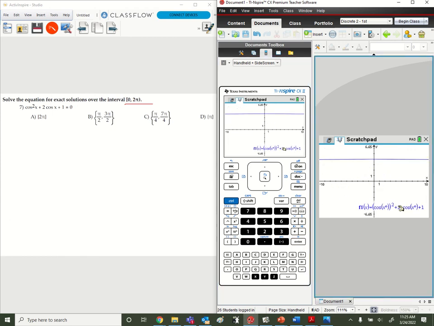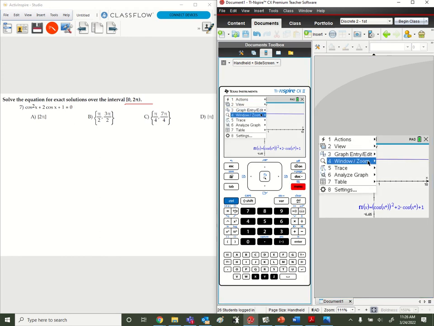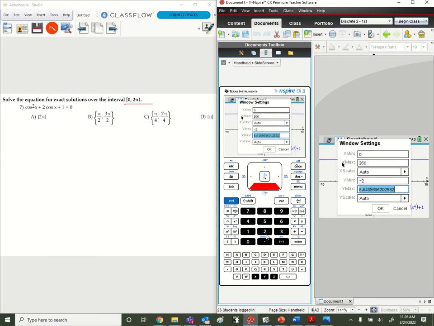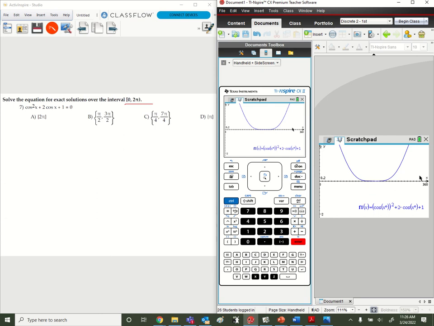But this goes back to not being 6.4. 6.4 is the one we use this same window for. So menu, window, settings. My standard window, even though my answers have to be in radian, is going to be from 0 to 360. My Y min is -2. Y max is +2. There we go. Looks like I have one answer right there, because it looks like it pops up there.